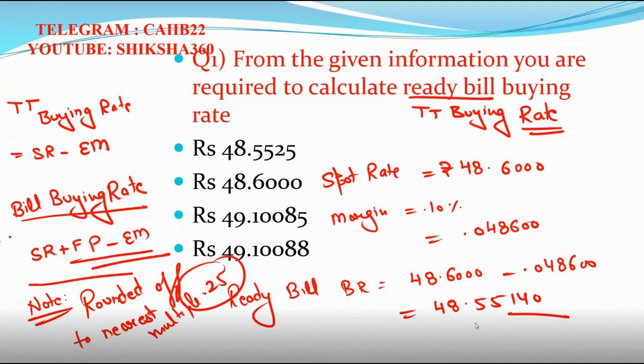When we round off, we have two options for the answer: either 48.5500 or 48.5525. This value is nearest to 25, so 48.5514 is rounded off to 48.5525.